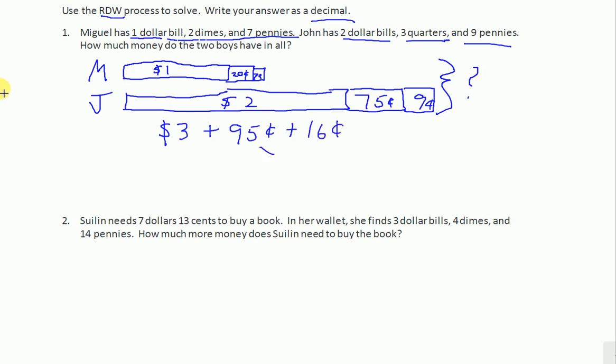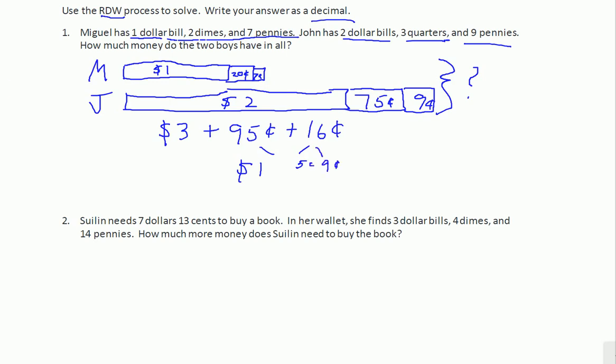Well, let's add these together. If I take 5 away from the 16, that'll give me $1 here. Well, first of all, let's do this right. I'm going to break that 16 into 5 cents and 9 cents.